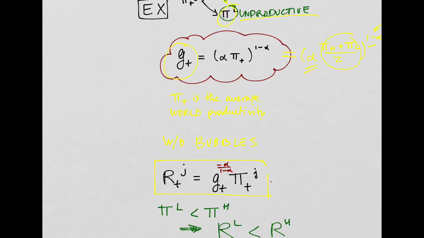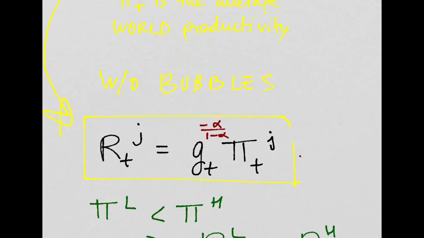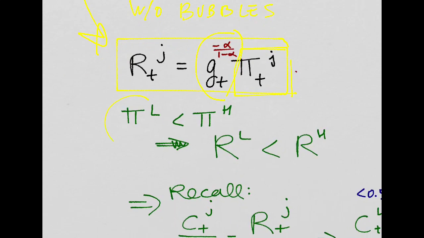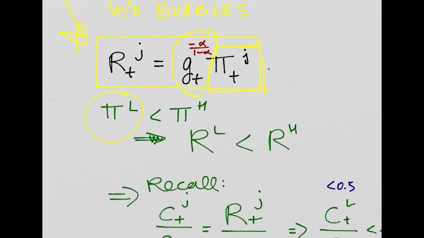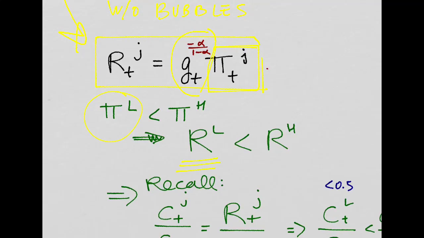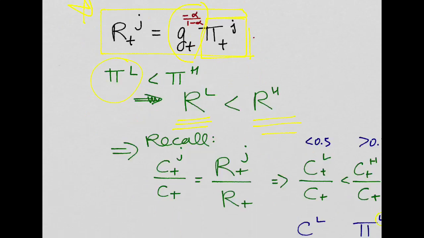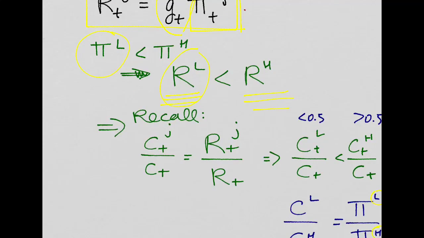In a world where there are no bubbles, this directly feeds into the rate of return that a country can have. So it's just a linear function of its productivity. If a country is unproductive, then its rate of return is going to be lower than the one of productive countries in terms of investment.